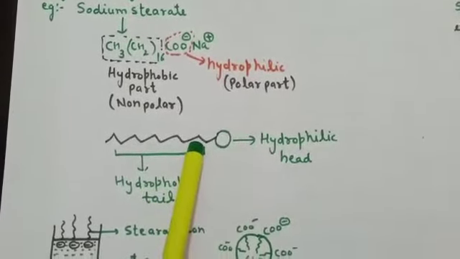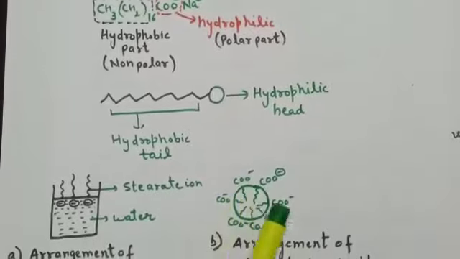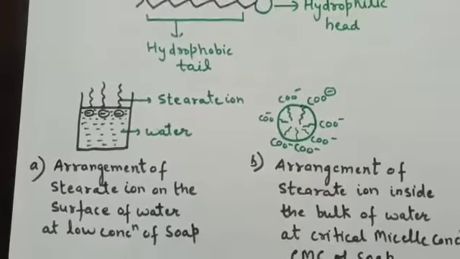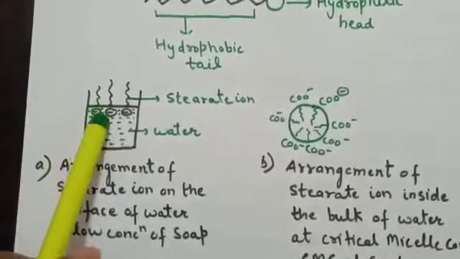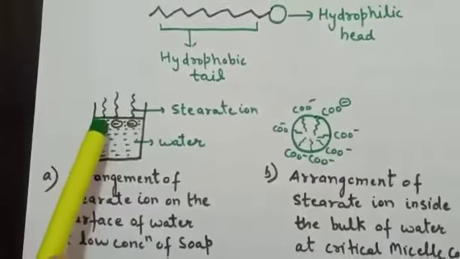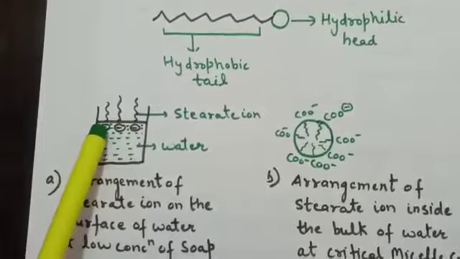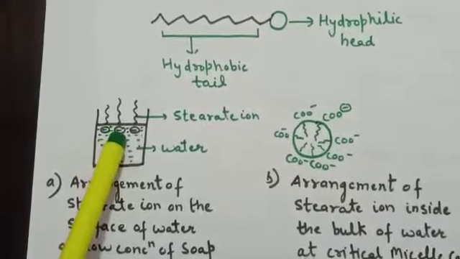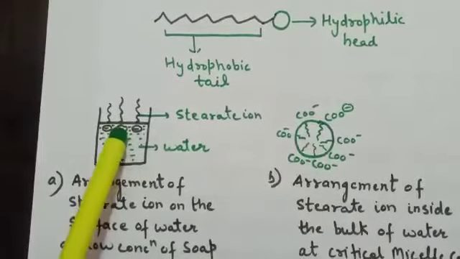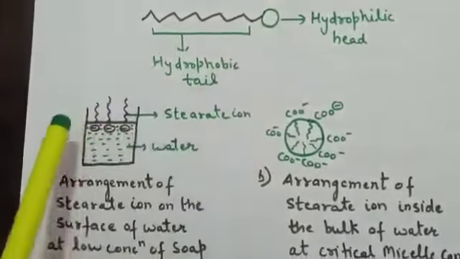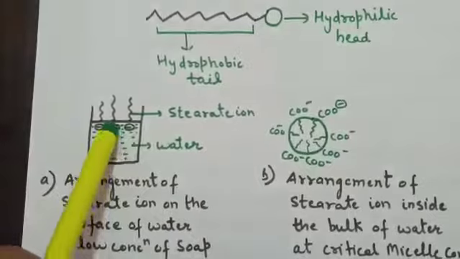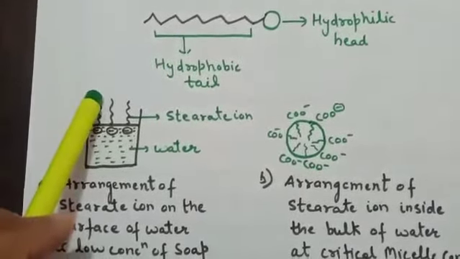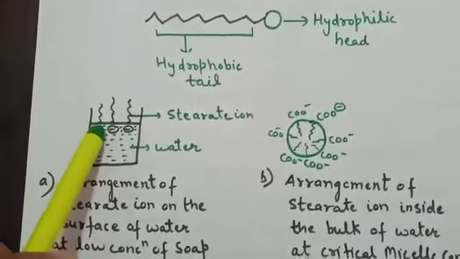Now what happens when we dissolve soap in water at lower concentration? At lower concentration, the polar part, that is, the COO negative head on the surface, will interact with the water, whereas the tail will remain away from the water.